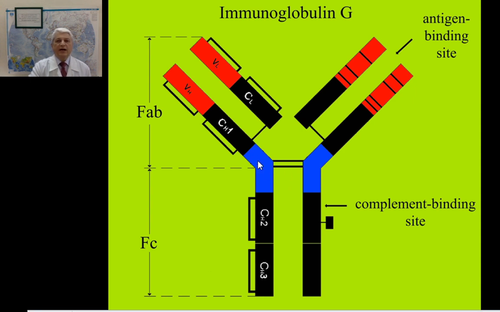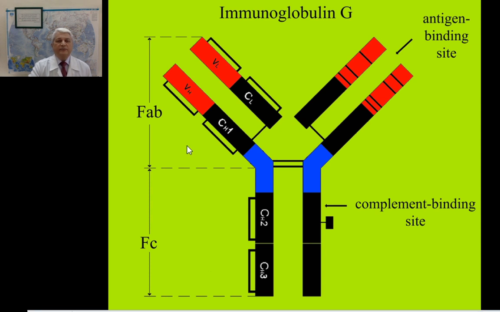So these are covalent disulfide bonds between different chains. There are also such disulfide bonds inside of each domain. On other pictures, which I shall show you a little bit later, you will see the position of these disulfide bonds inside of the domains.